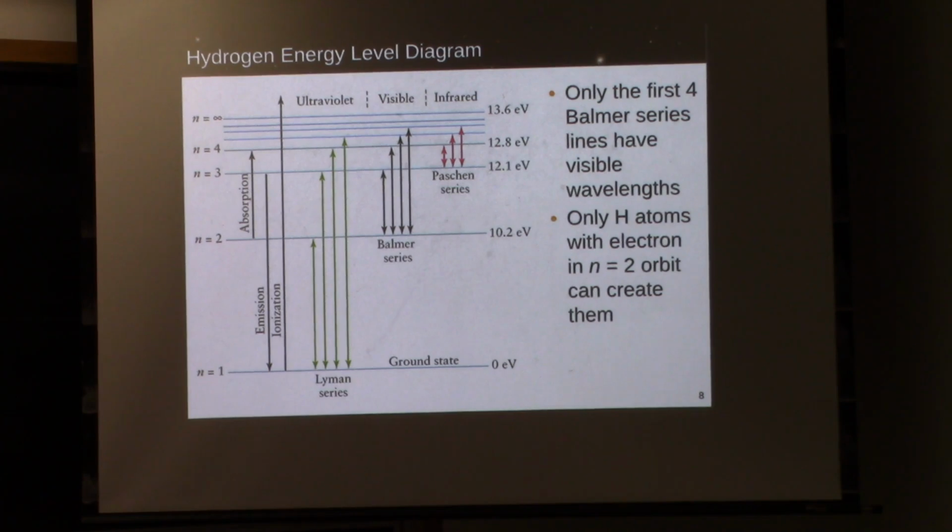So far, what questions do you have? So that's like step 1: higher temperature, more collisions, more electrons being promoted to n equals 2, where they're ready to absorb Balmer series photons.